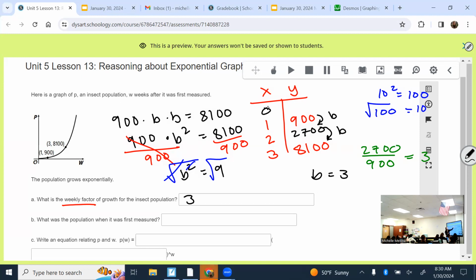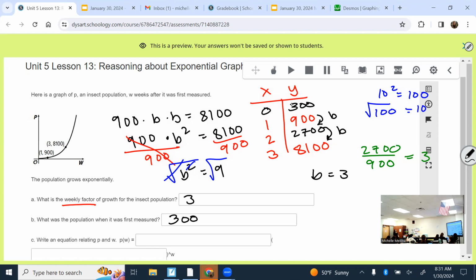When I have to work backwards, I have to do the opposite. So what's opposite of timesing 3? What's 900 divided by 3? So then this answer would be 300. That's what it was when it was first measured. We're continuing now the pattern backwards.